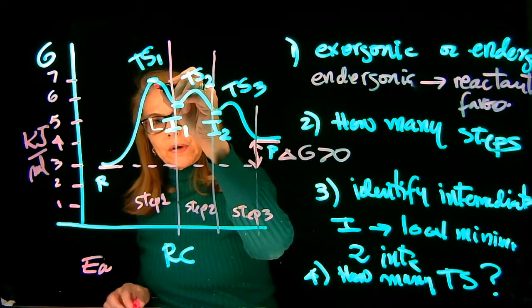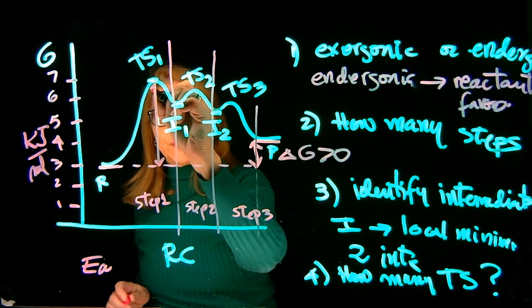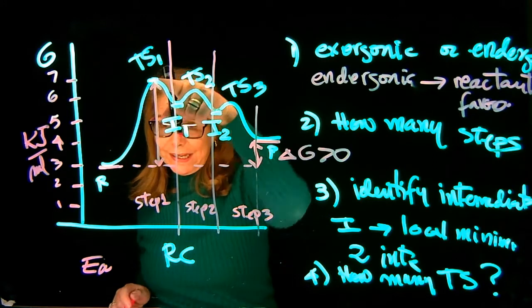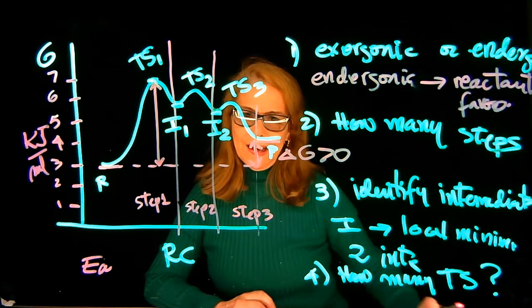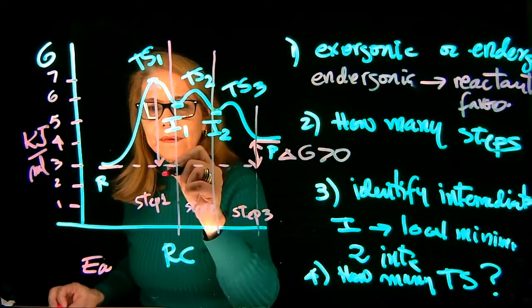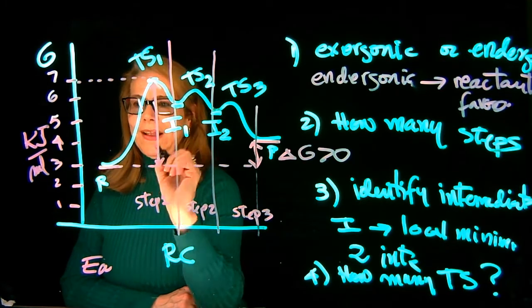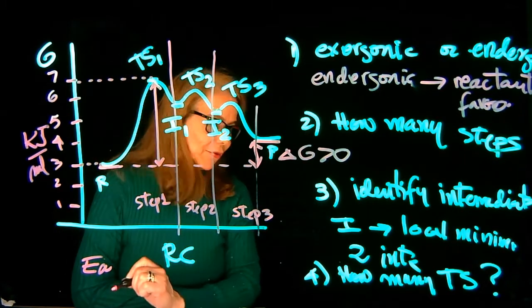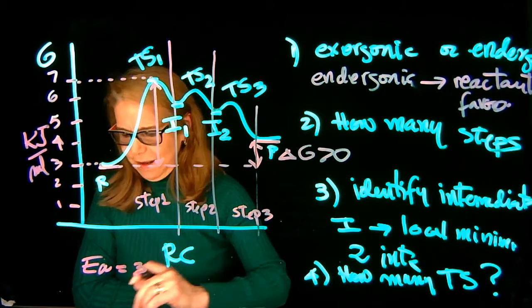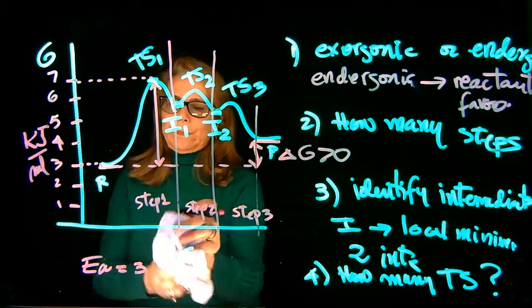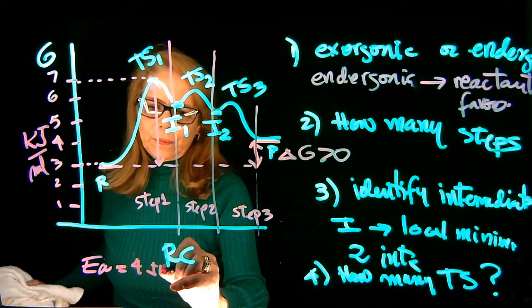Here is your rate determining step, the slowest, and you will find the difference in energy between the transition state of that step and the reactants. So it is this much, and we're going to subtract. This is approximately 7 minus 3 that you will see here. So this is 4, right? 7 minus 3, so it's 4 kJ per mole.